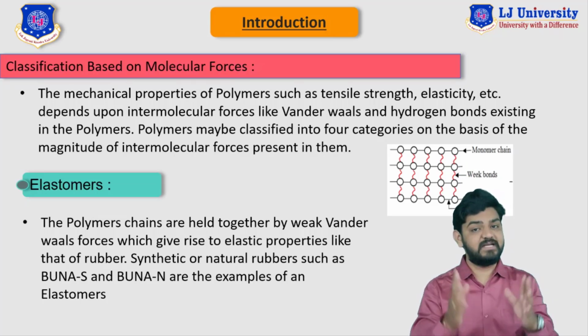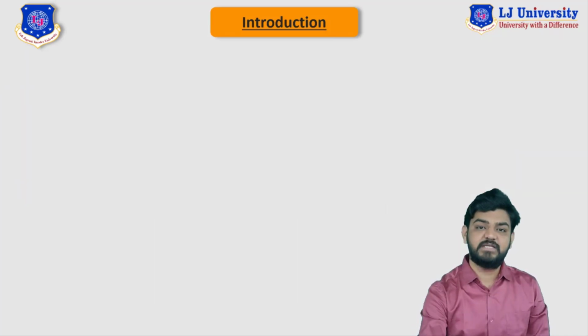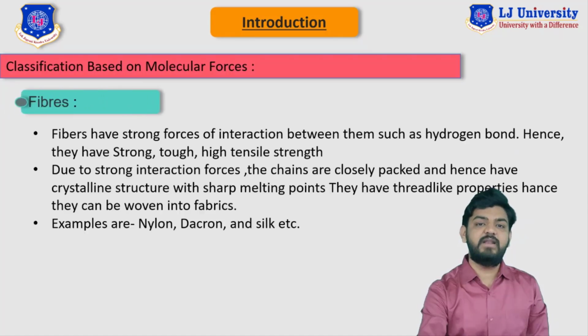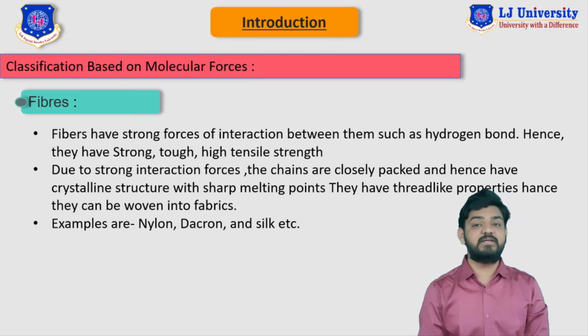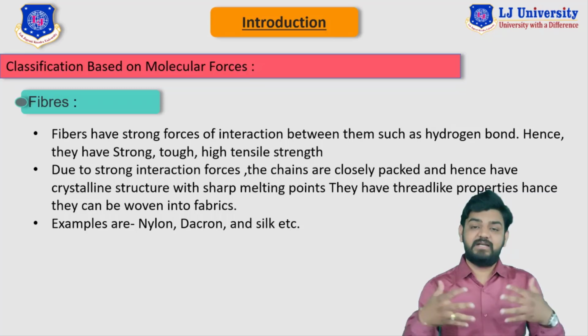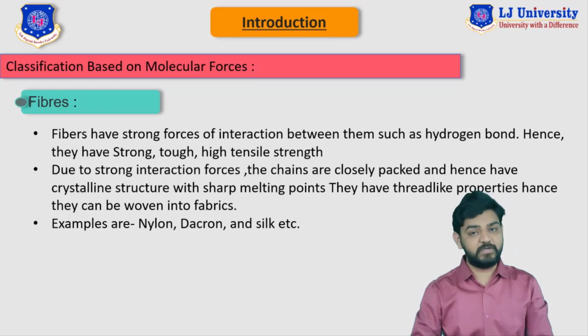So now having said that, let's move to the next type of the polymer, that is fiber. Well, you can see on the screen, these fibers are joined or held together with the strong hydrogen bond. It is not that easy to break this hydrogen bond. Hence, the fiber molecules are very tightly packed and very close to each other.